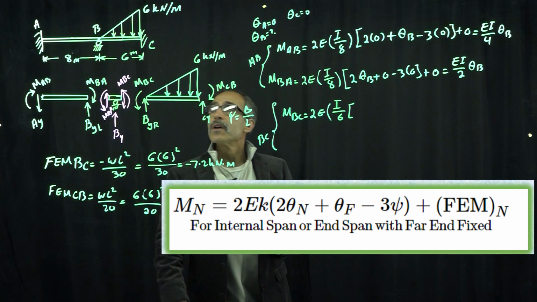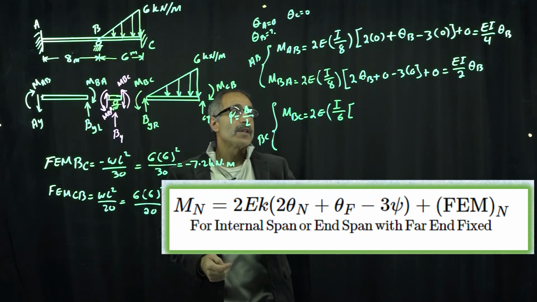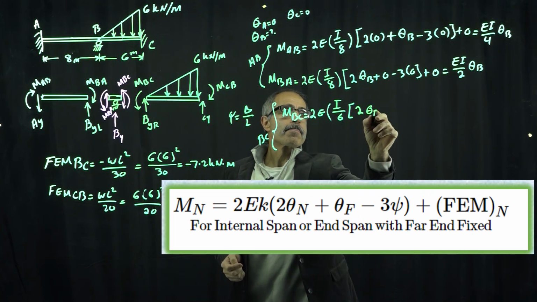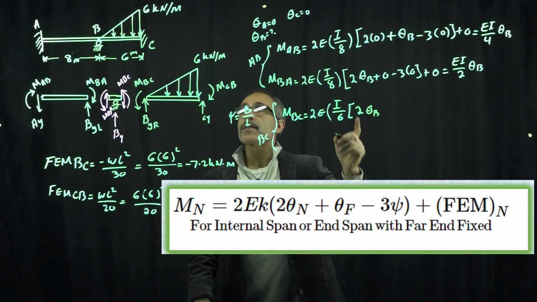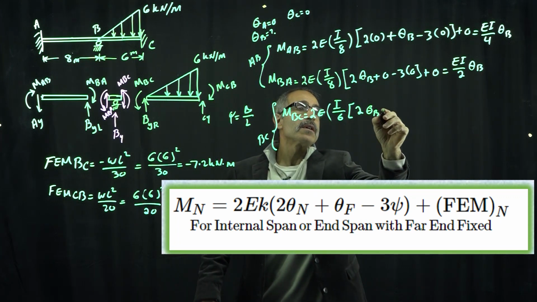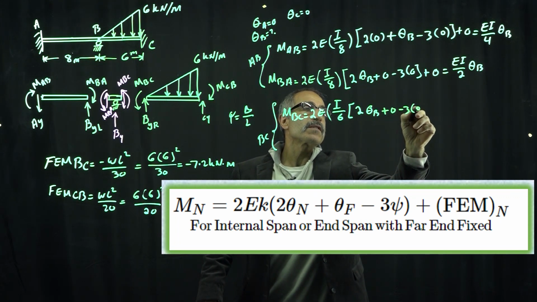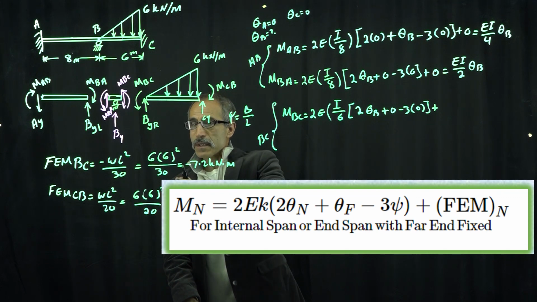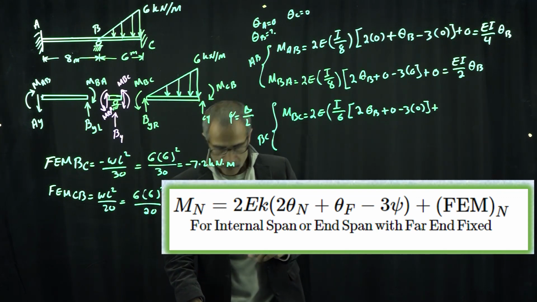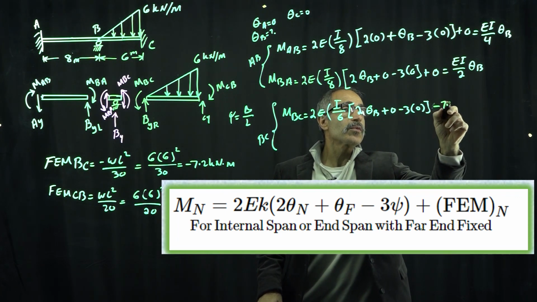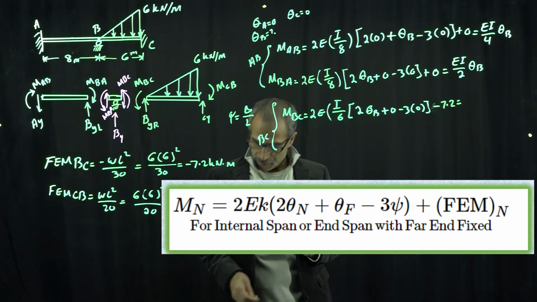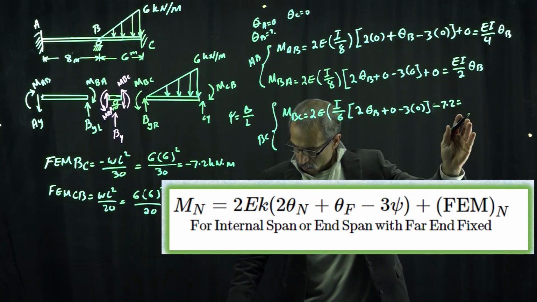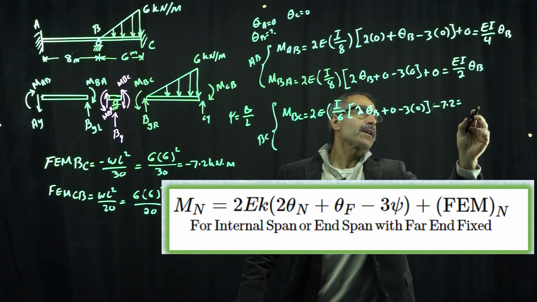Multiplied by, theta near is going to be theta B, so 2 times theta B. And then theta far away, which is theta C, is equal to 0, plus 0, minus 3 times 0 because deflection is 0 on this corner, and plus the fixed end moment of BC, which came out to minus 7.2 kilonewton meters.